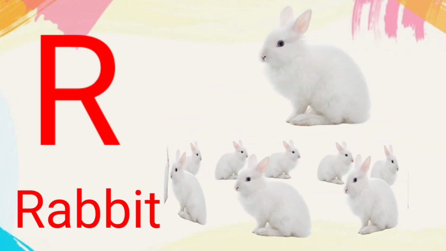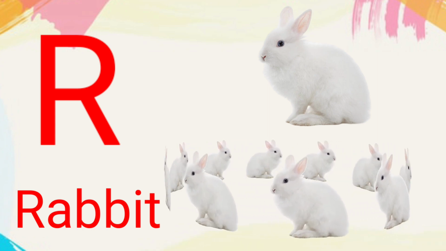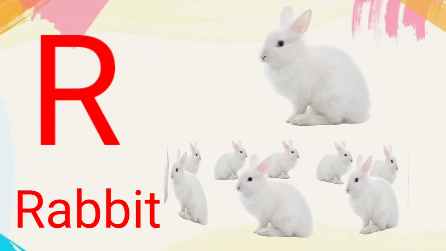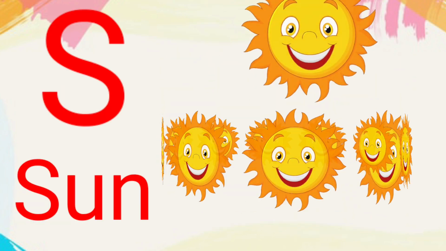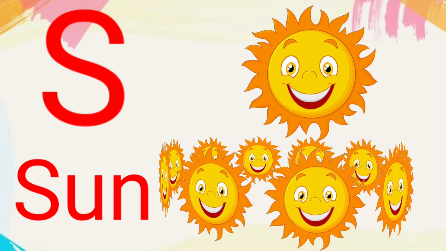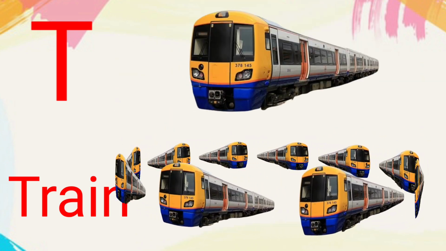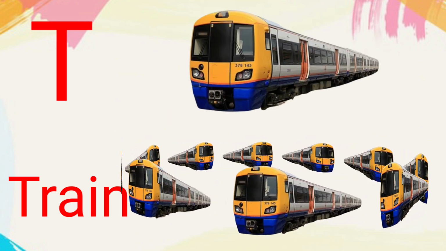R is for rabbit. Rabbit. S is for sun. Sun. T is for train. Train.